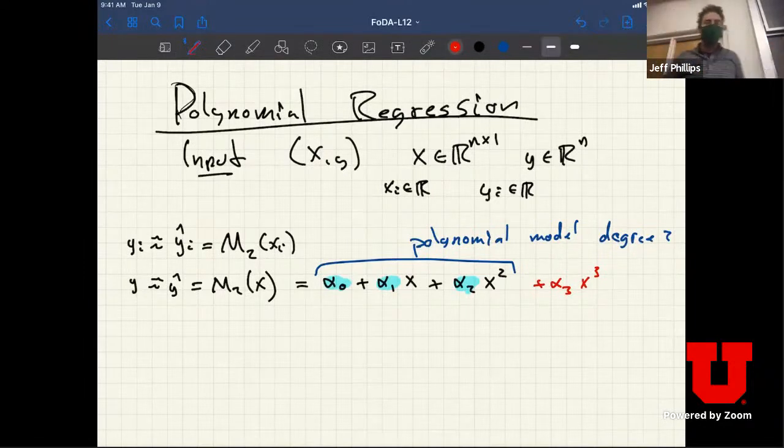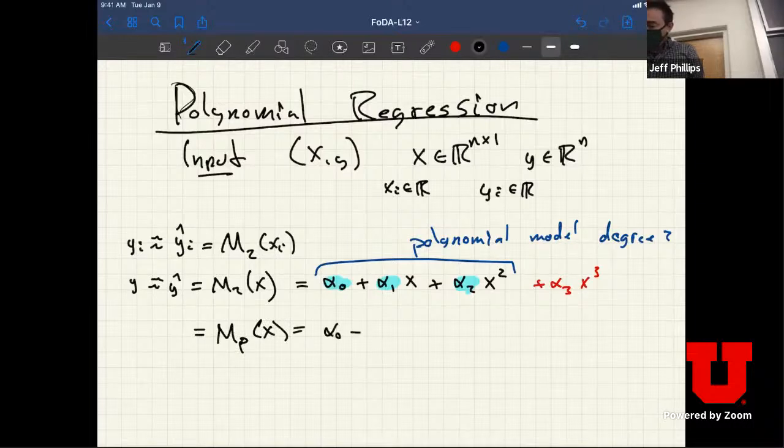We'll see some pictures of this to help you jive this in your head. In general, I can write this as M_p, where p is the degree of the polynomial, and then I can write this as alpha 0 plus alpha 1 x plus alpha 2 x squared plus ... plus alpha p x to the power p.